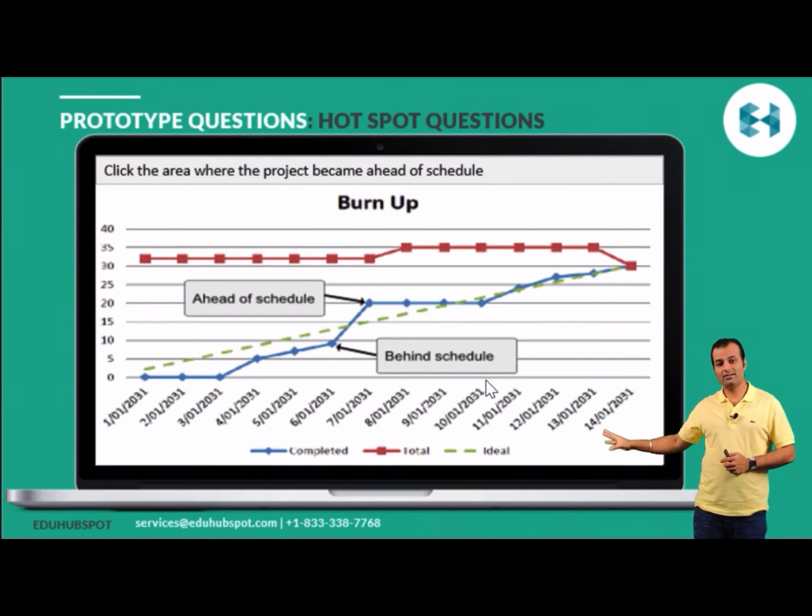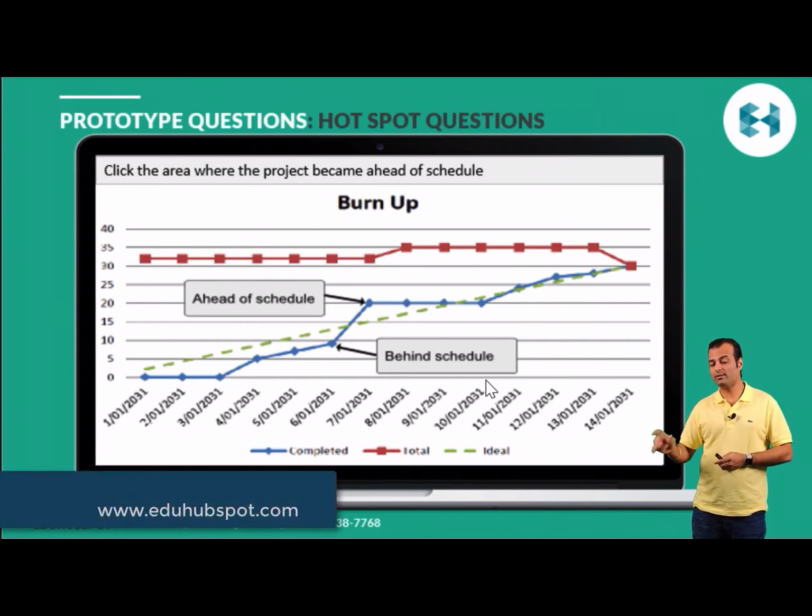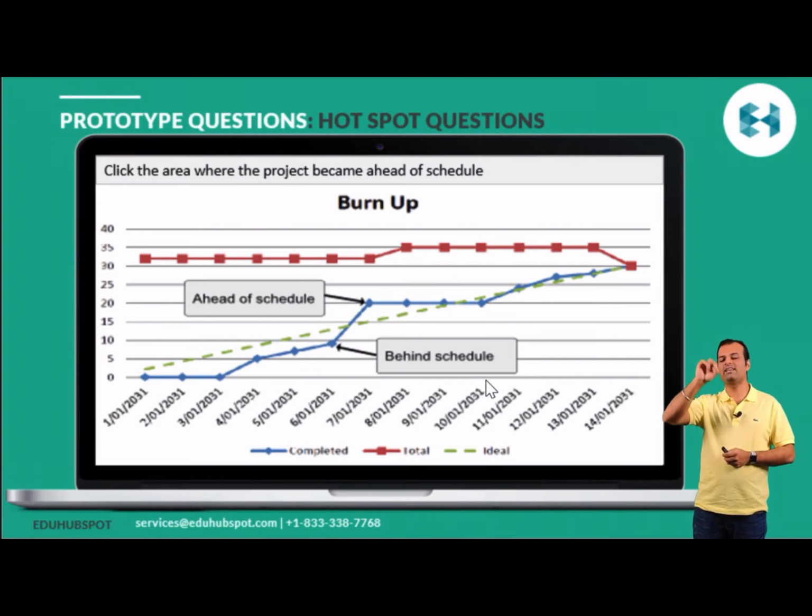Of course, I have explained it in my later videos, so you can watch it on my website. But over here, you will probably have to click the area. They will give you 4 options, A, B, C, D, and you have to pick the right answer. Sometimes you may have to drag the option in this particular hotspot question. So something like this can also come.